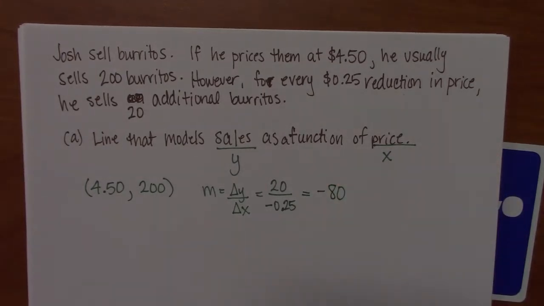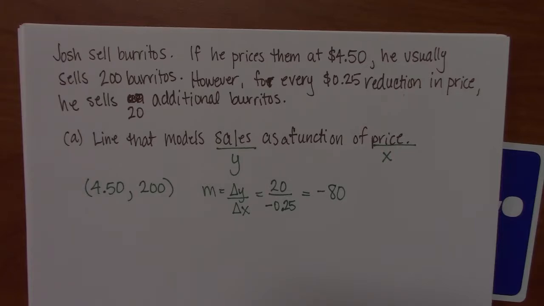Okay. So an additional way we could have given you this problem was by giving you the $4.50 and the 200 burritos, but instead of telling you how the price adjusts, we could have just said, when he prices the burritos at, let's say, $5, then he would sell 240 burritos.